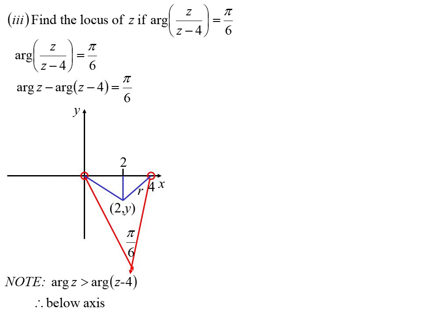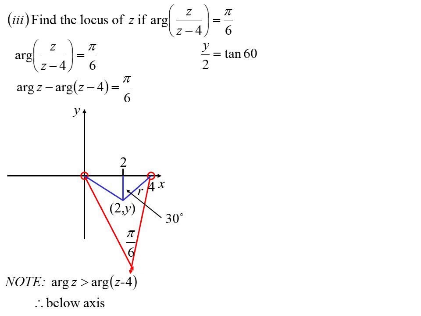The next bit of circle geometry we have to remember. The angle at the centre is twice the angle at the circumference. So the angle at the circumference is pi on 6, which is 30 degrees. Therefore, in that triangle, it must also be 30 degrees because the whole thing is twice the angle. So they bisect it, I get the same angle there. Okay, a little bit of trig. y on 2 is tan 60.